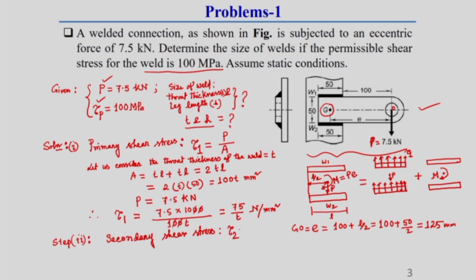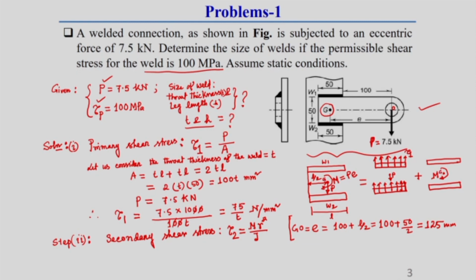We know the formula for tau 2 is equal to M r by J. This is very well known to you, I have already discussed it in the last lecture. From here we observe that tau 2 is proportional to the radial distance r. Here you can see the radial distance r from this G.